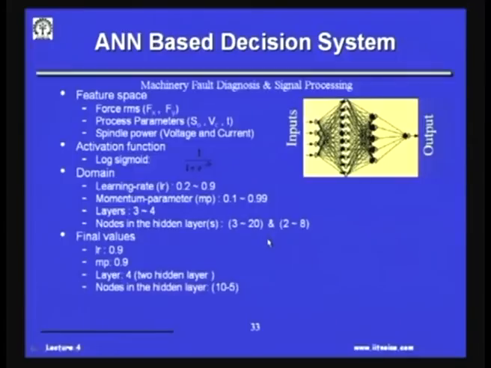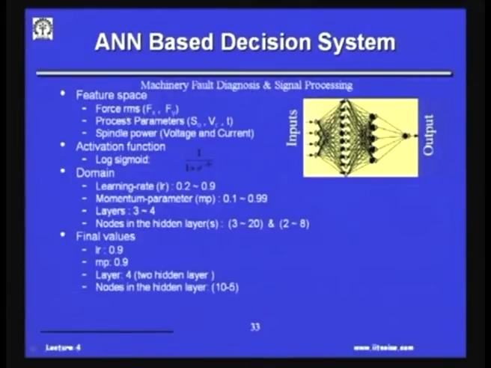Now once we have all this data and the features extracted, we will decide what to do with it. As I was telling you, in the artificial neural network based fault detection system, we have certain inputs and certain outputs.